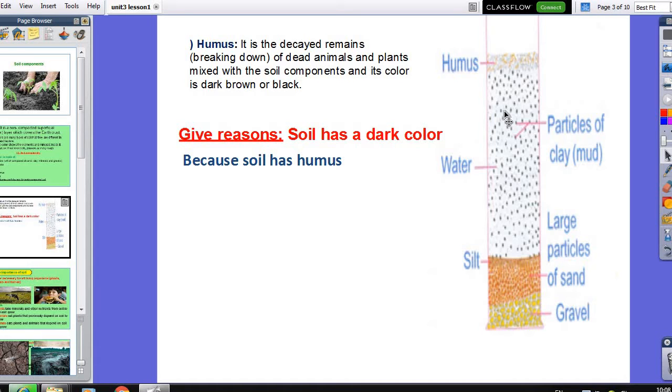So if I ask you to give a reason why the soil has a dark color, it is because it contains humus. Here we have gravel, sand, salt, water plus mud, and humus.